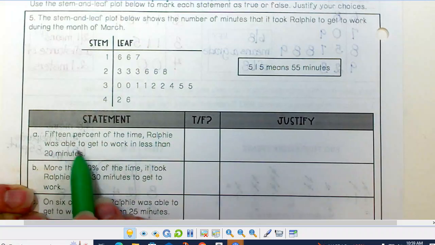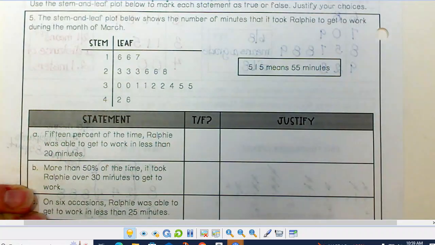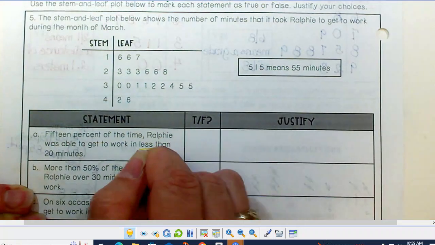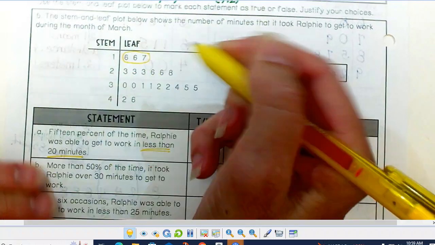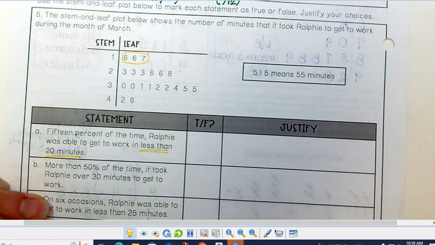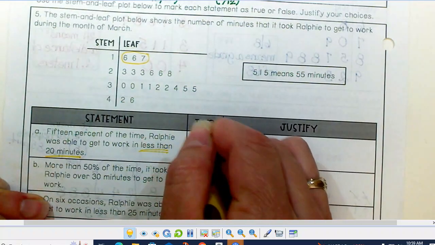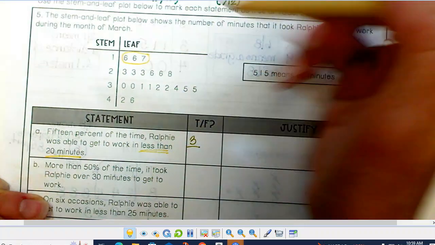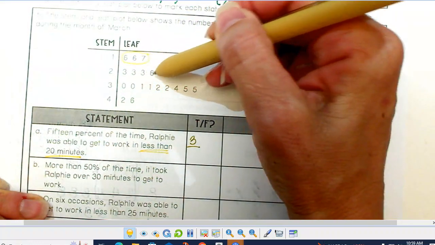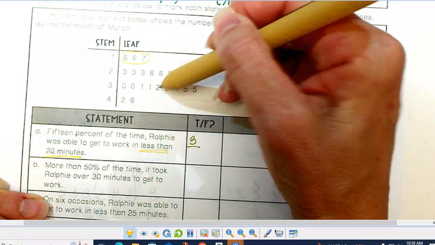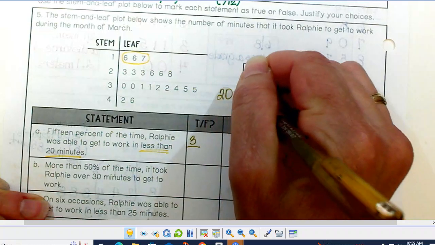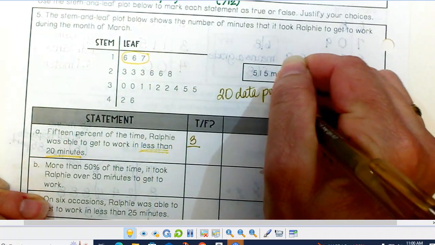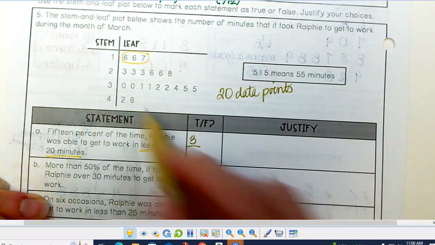15% of the time, Ralphie was able to get to work in less than 20 minutes. Less than 20 minutes is going to be just these 3. So 3 of the data points out of, we need to know how many data points there are. 1, 2, 3, 4, 5, 6, 7, 8, 9, 10, 11, 12, 13, 14, 15, 16, 17, 18, 19, 20. 20 data points, because I'm counting my different leaves.